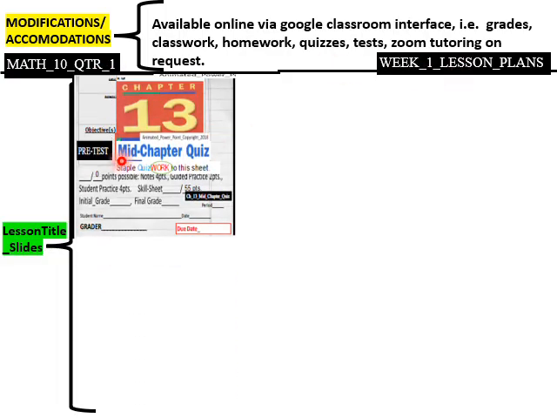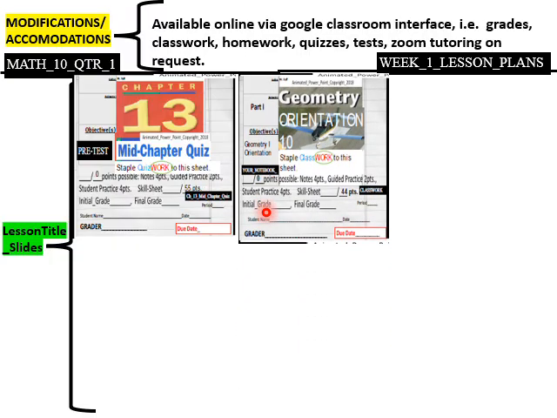So we start out here with your pretest, which is the Chapter 13 mid-chapter quiz from pre-algebra, 55 points for your pretest. And then we go into our orientation, geometry orientation 1.0, 44 points of classwork.